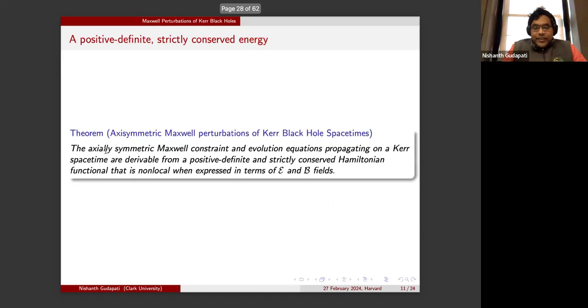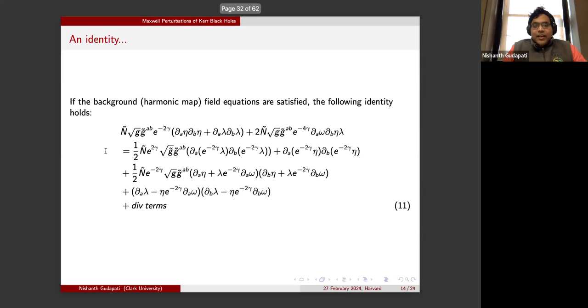What I'm trying to get at is that you can construct a positive definite energy, but the key is that it has to be conserved. It has to be Hamiltonian. So if we do this transformation, we need to demonstrate that it doesn't tamper with the Hamiltonian structure of the previous energy. I hope that's clear.